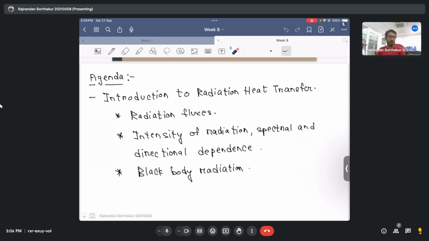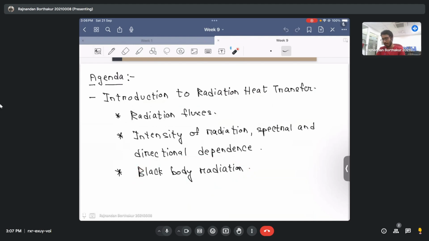Okay, so we will start off with this, and then we will increase our fundamental depth of radiation with the intensity of radiation, and associated with this intensity of radiation is the spectral intensity and the directional dependence of it. And thereafter we will look into, if we have time in this session, or else in the next session, the black body radiation.